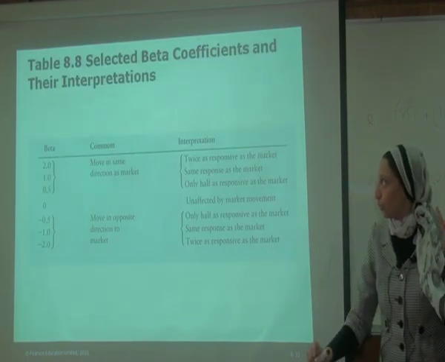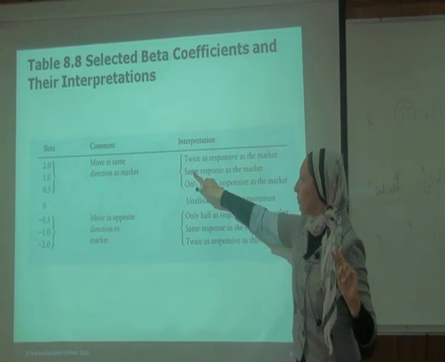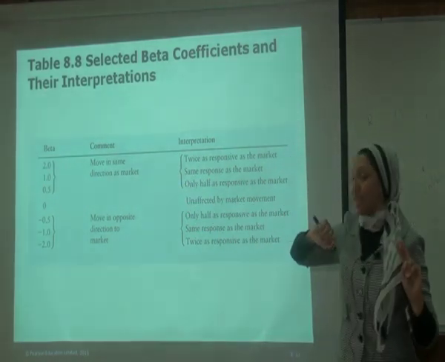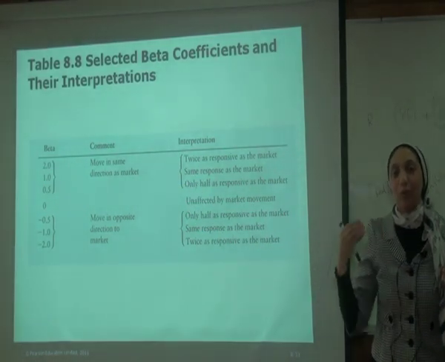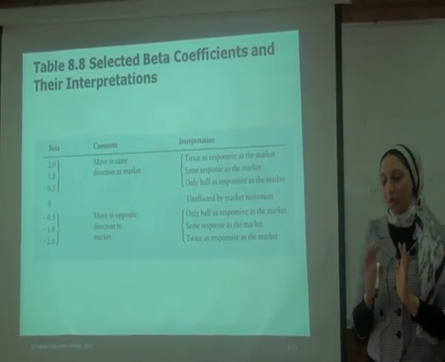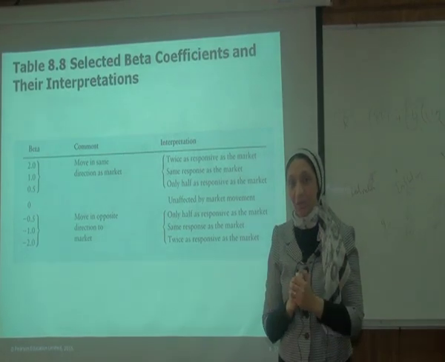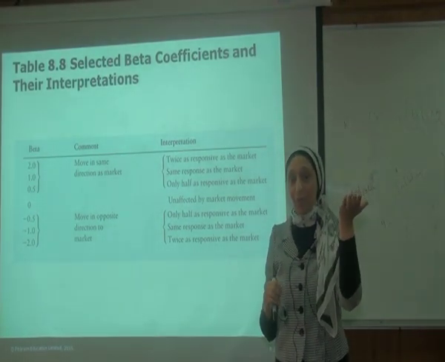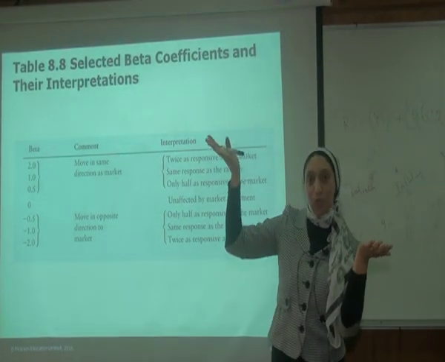When beta is 2, this means that your stock is outperforming the stock market twice. So if the index of the stock market increases by 1%, your stock will increase by 2%.